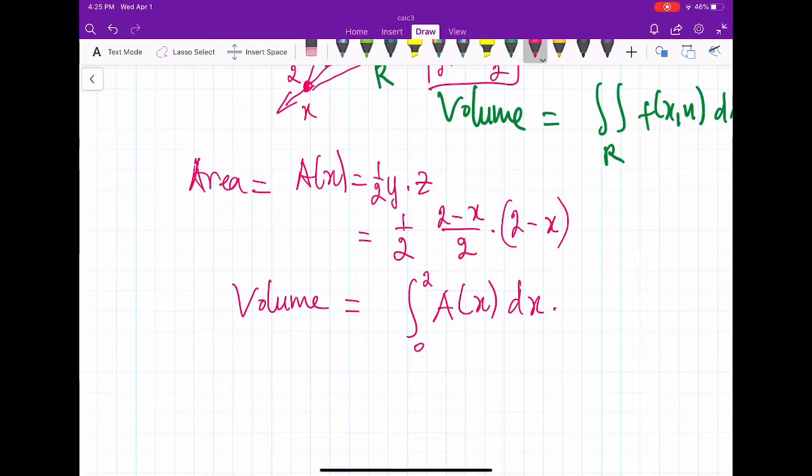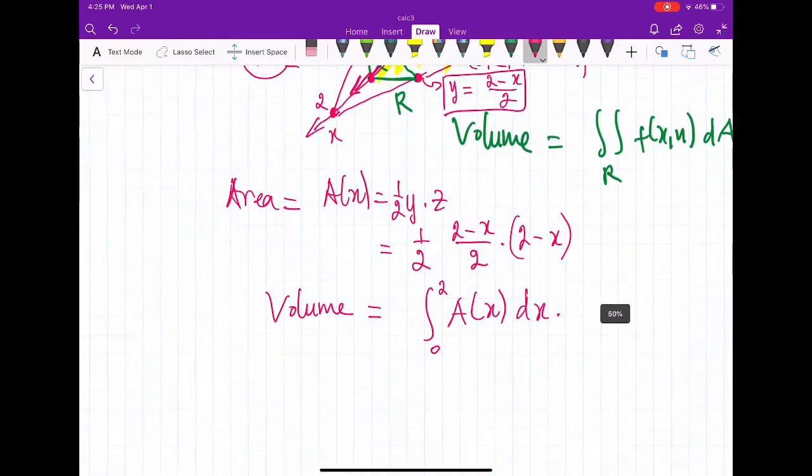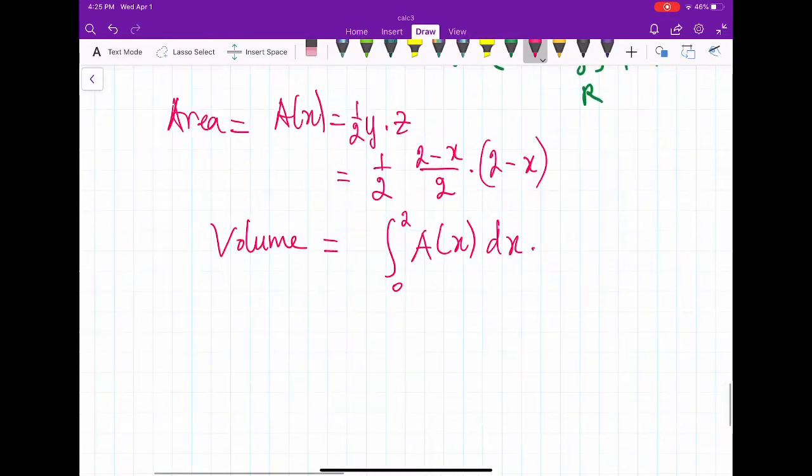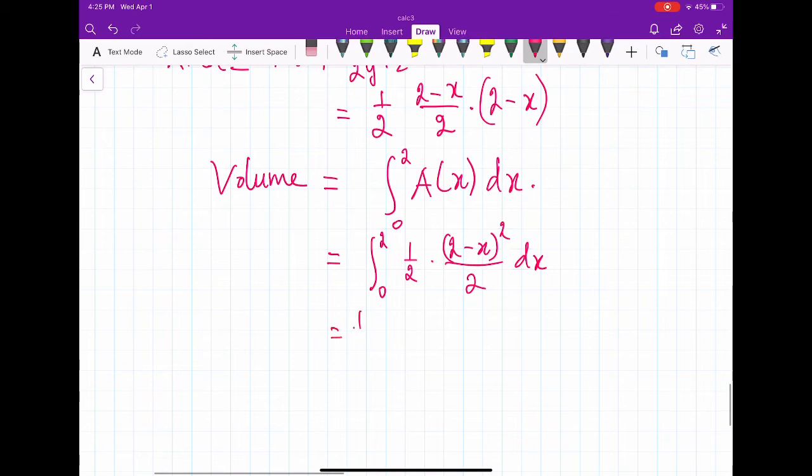Make sense? And we already have A(x). We just plug everything into this integral. That is 1/2 times (2 minus x) squared over 2 dx. And that is 1/4, integral from 0 to 2, of (2 minus x) squared dx.